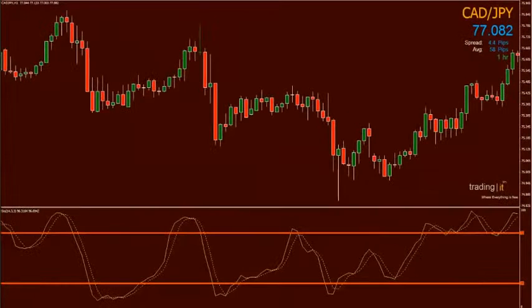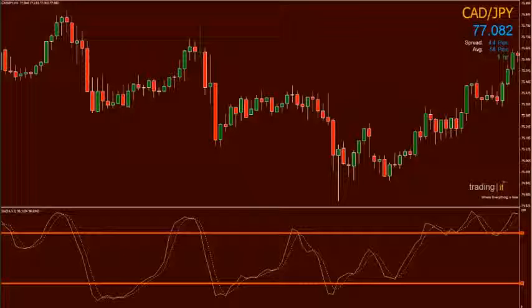As stated, a stochastic can help aid traders to identify these overbought and oversold areas. However, this does not mean that each time the indicator enters into these zones that the market will go up or come down.